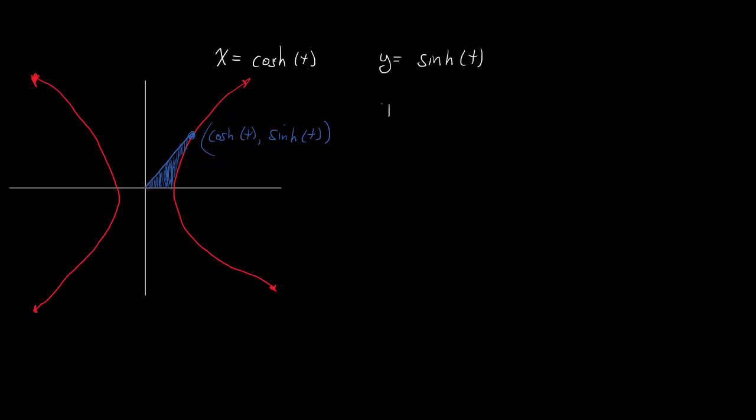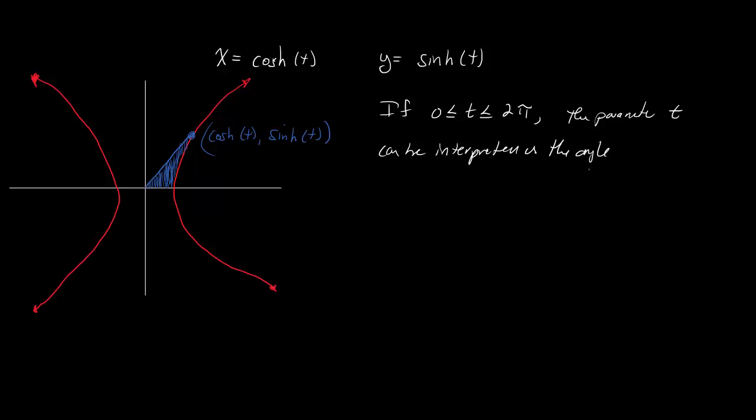If 0 is less than or equal to t, which is less than or equal to 2 pi, the parameter t can be interpreted as the angle in the unit circle.